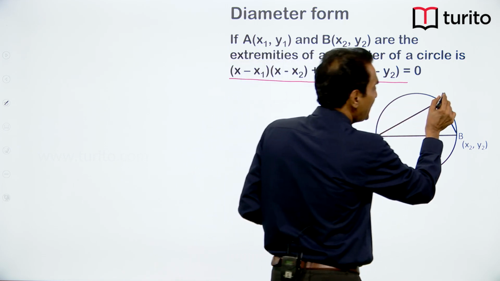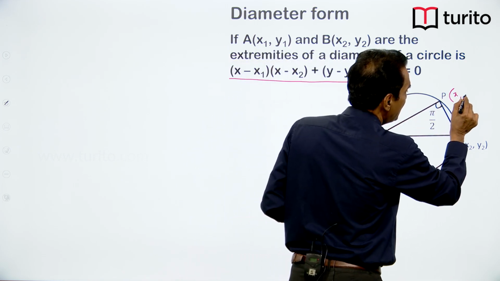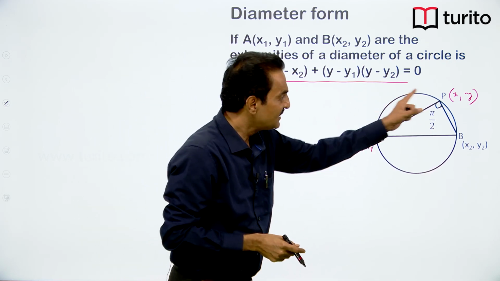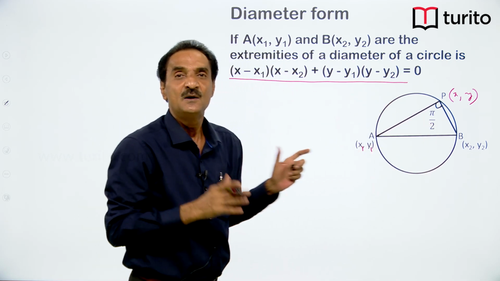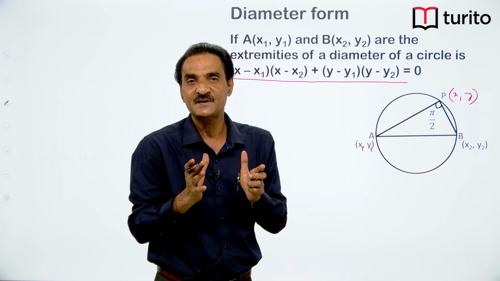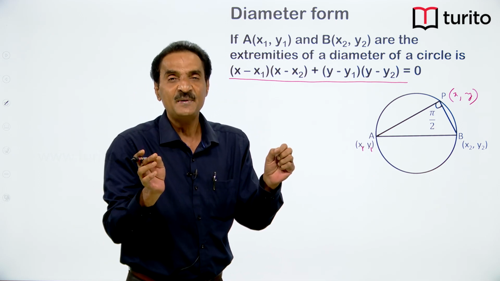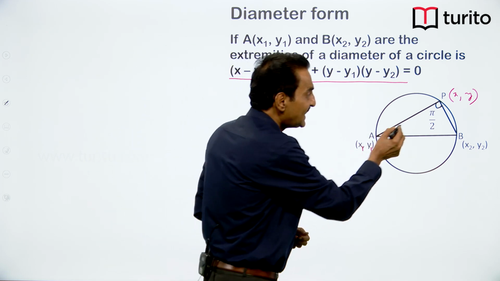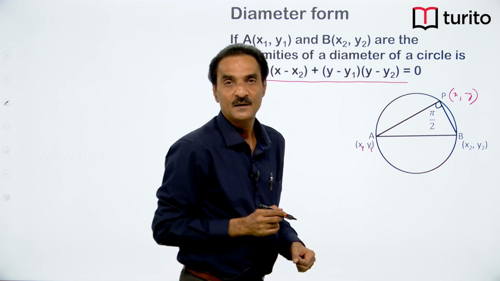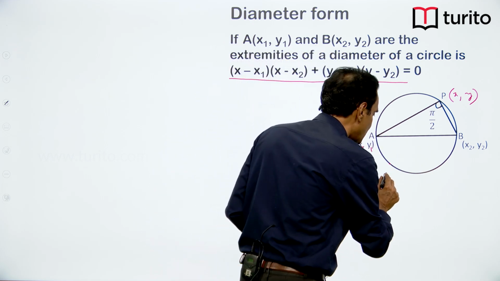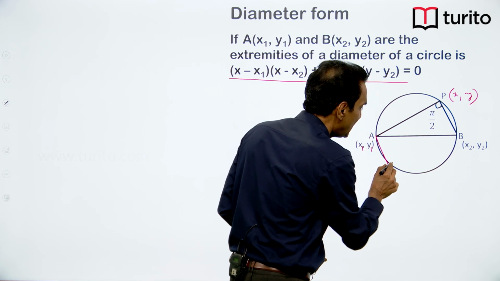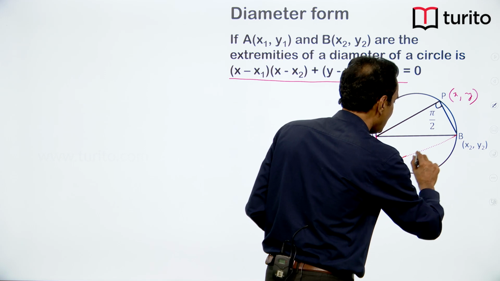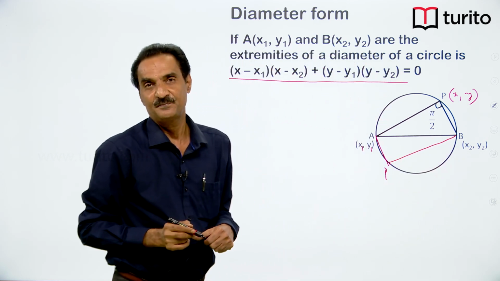Now, if you take any variable point P x comma y on the circumference anywhere, either on this semicircle or on this semicircle, all of you are aware of the property of a circle that the diameter subtends a right angle at any point on the circumference. So, this angle will be pi by 2. You can take P here also, then also AP and PB will be perpendicular to each other.